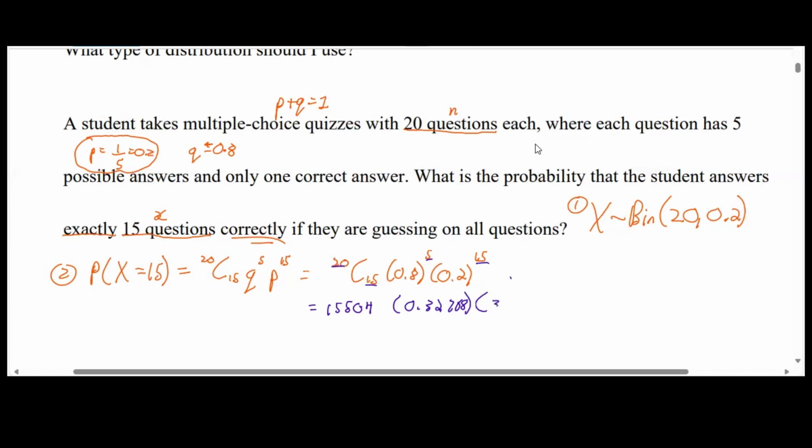It's a very small number. So you multiply that by 0.32768, multiply by 15.5. Right, so that's a very small number.